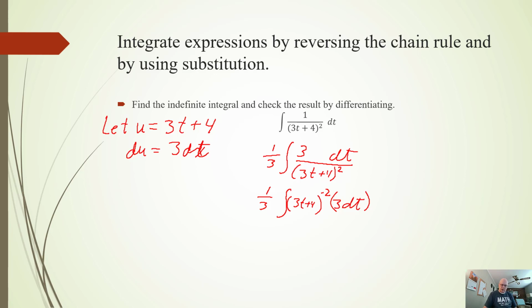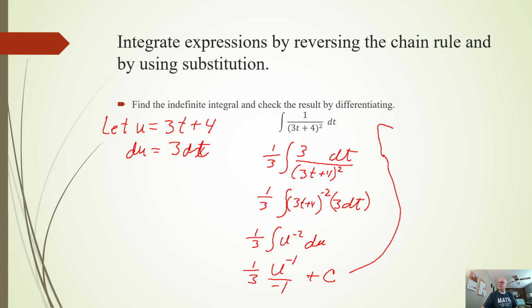So we'll have 1/3. This is just u to the negative 2 du. Just use the power rule. U, add 1 to this, that becomes a negative 1. Also put the negative 1 on the bottom, and plus c. So where does that take us?